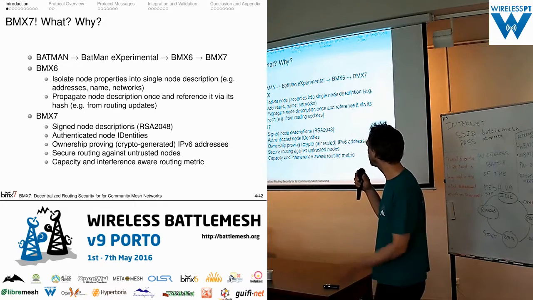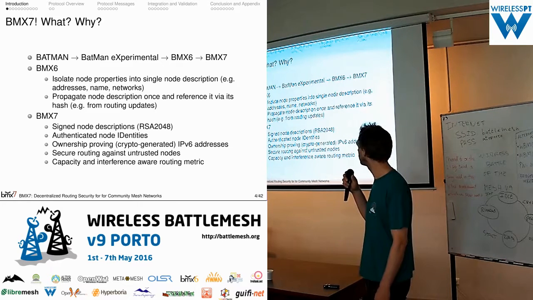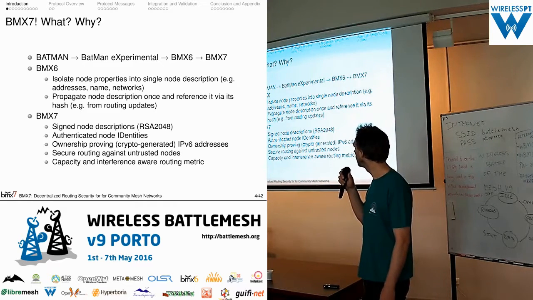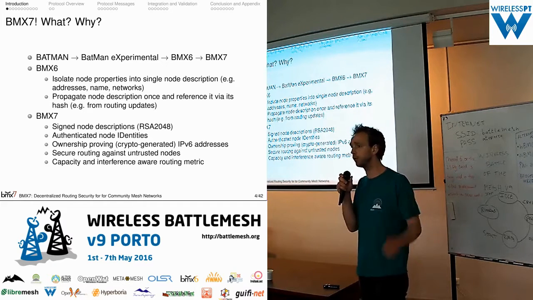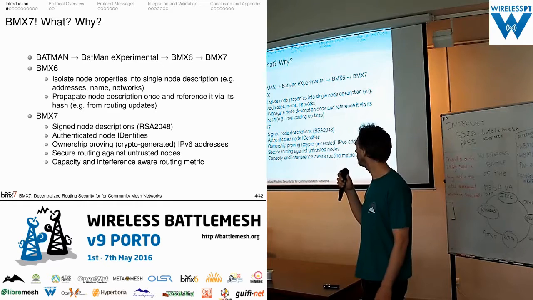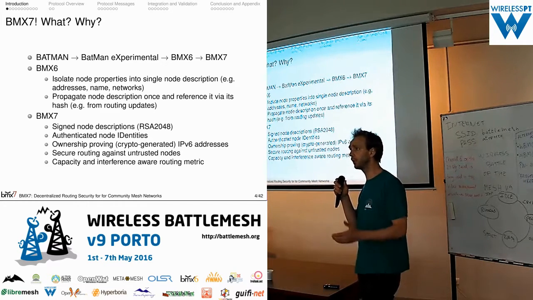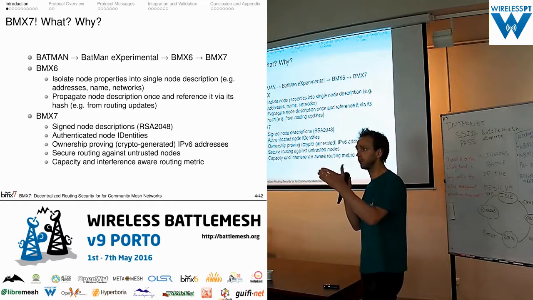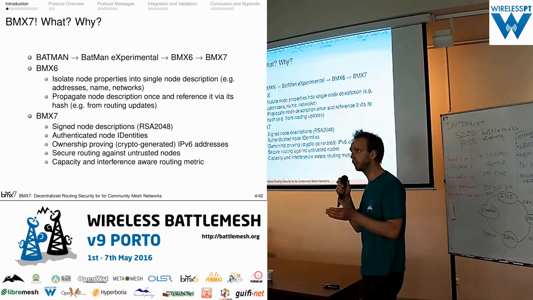Another thing I was working on recently, but I'm not going to cover in this talk, is a new routing metric that I implemented and want to test here during the Battlemesh, which is capacity and interference aware. The idea is that it gives you, as a metric value for all the distant nodes, something similar to the end-to-end TCP throughput, so that you have a value which is somehow tangible.